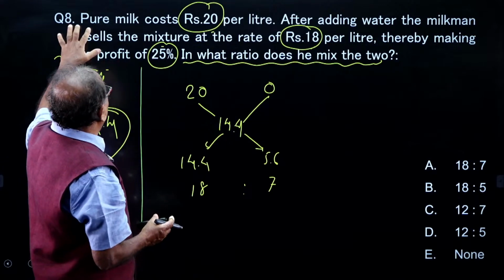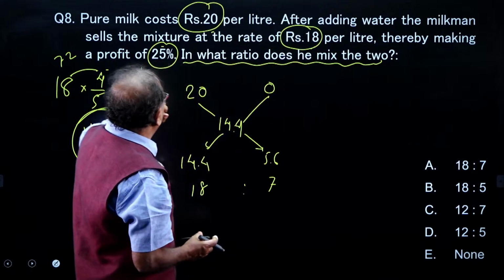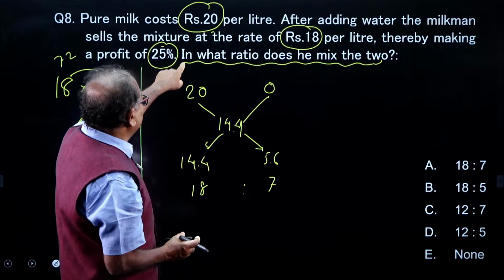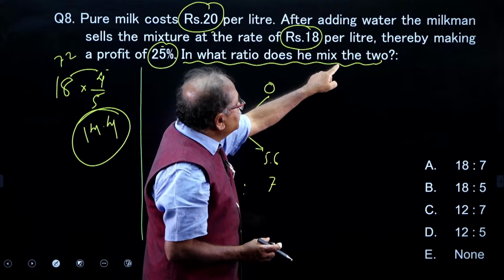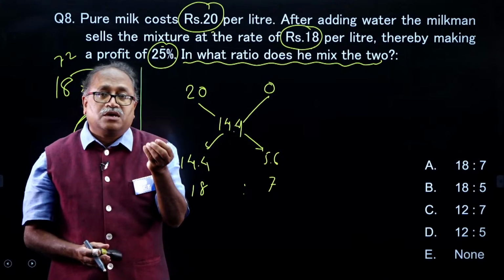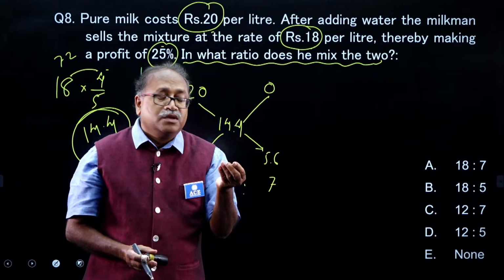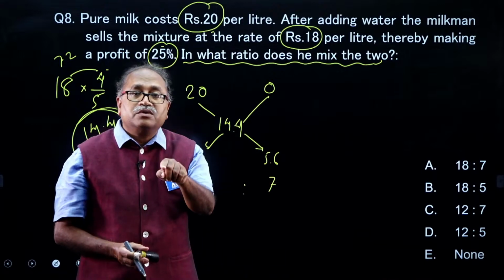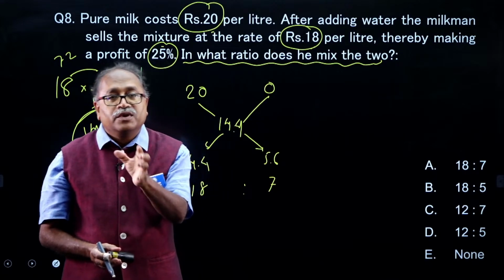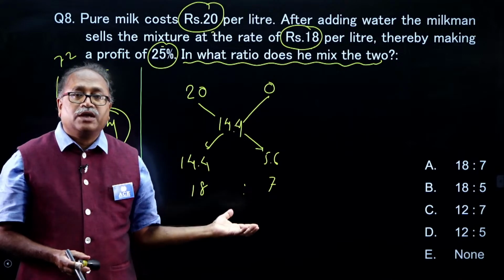Finally, what is my question? In what ratio does he mix the two, milk and water? This is milk and this is water. That means he should mix in the ratio of 18:7. That is okay. This is your answer.